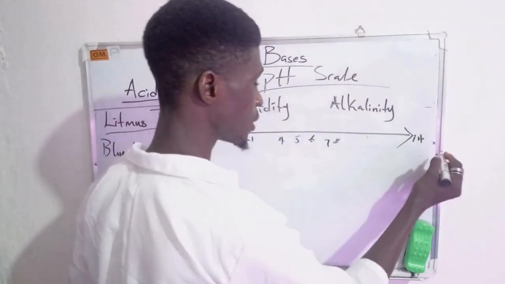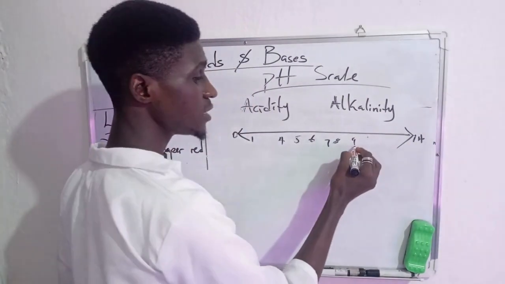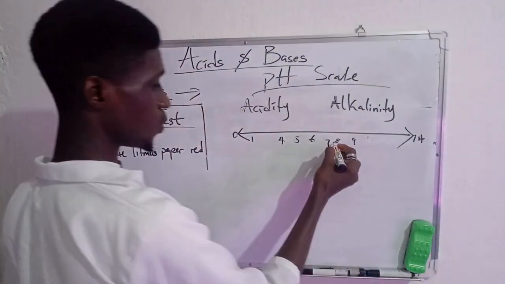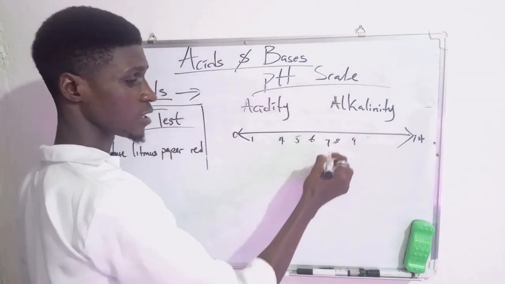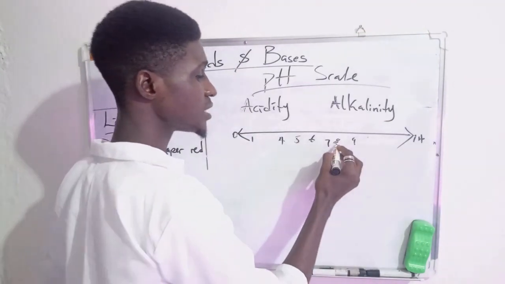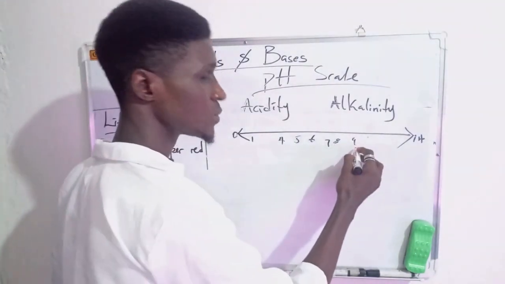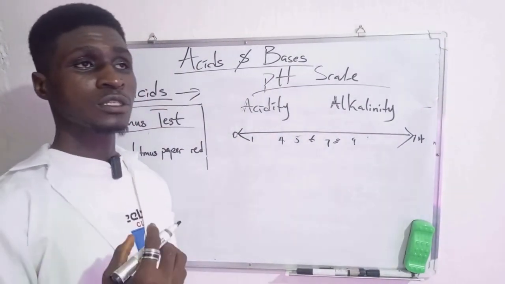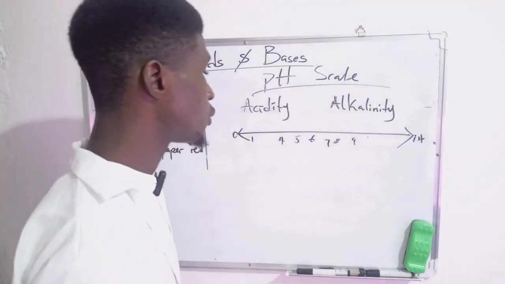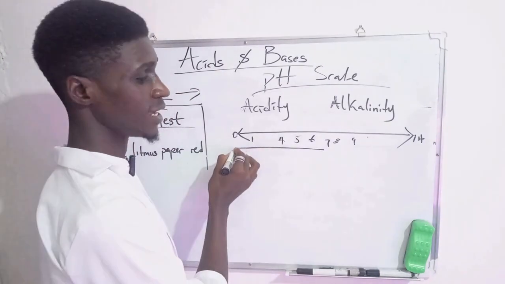On the other side, 9 is more alkaline than 8. But for secondary school standard, you have to limit your knowledge of acidity to this side.